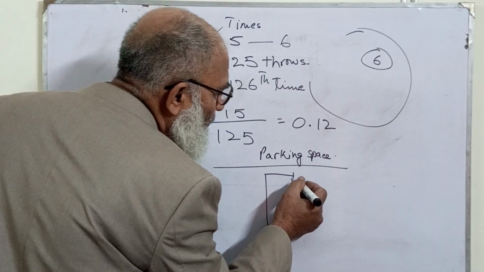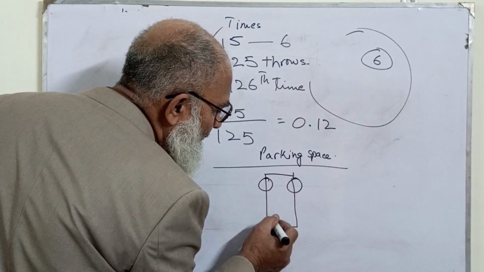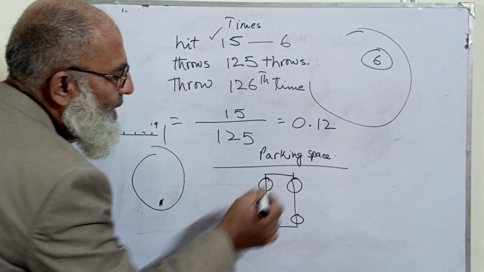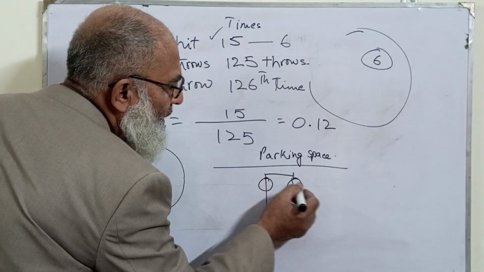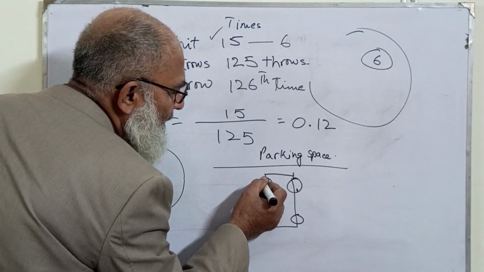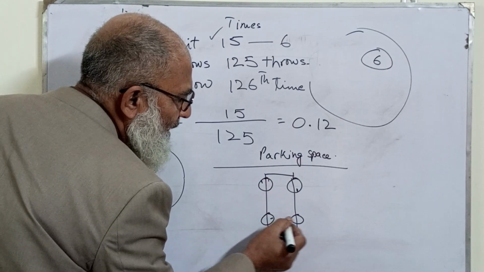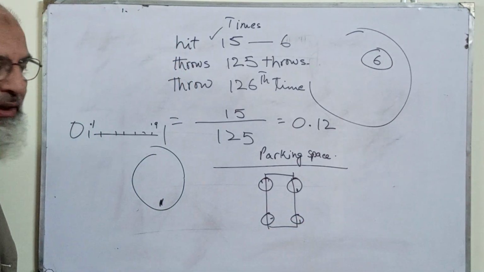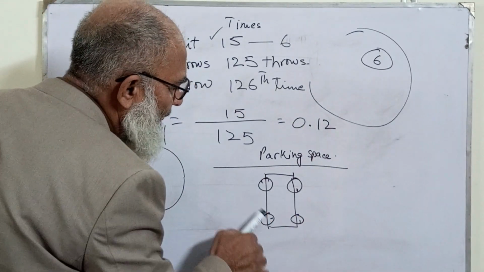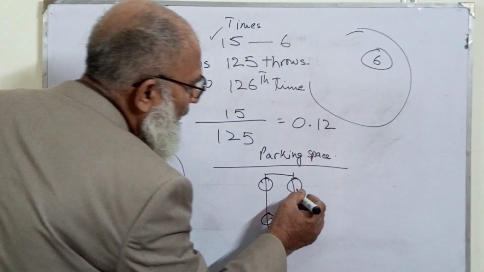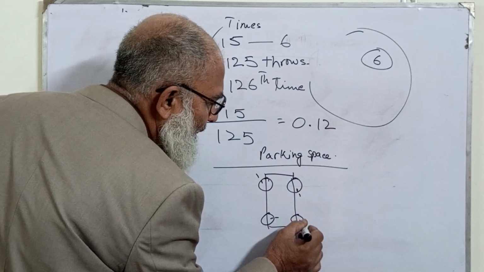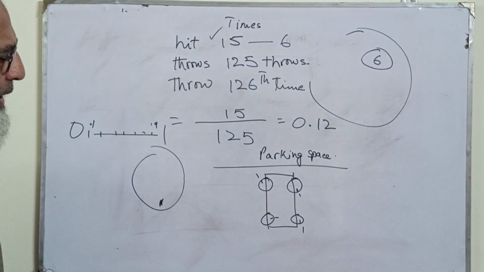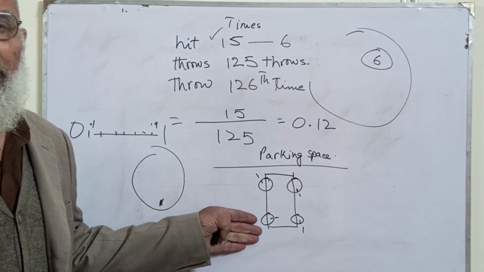So he marked. Now suppose the valve was here, here, here, here. He just marked on the road here, here, here, here. He marked the valves.